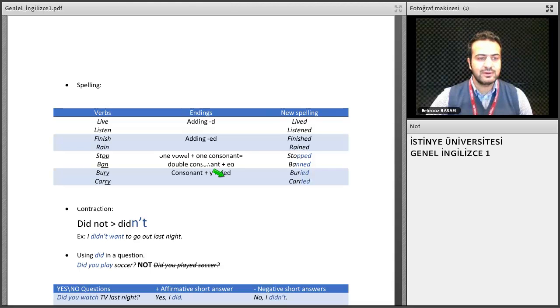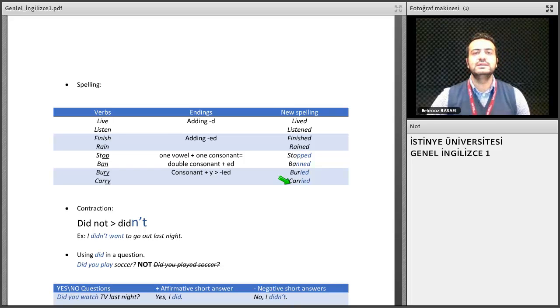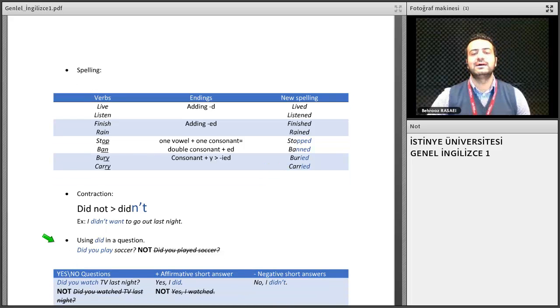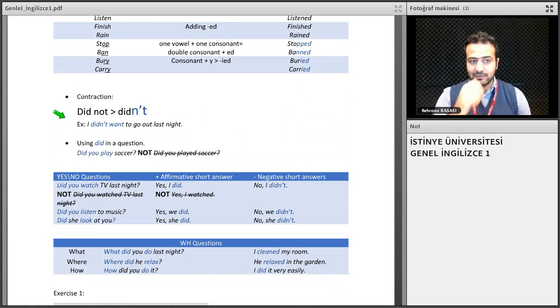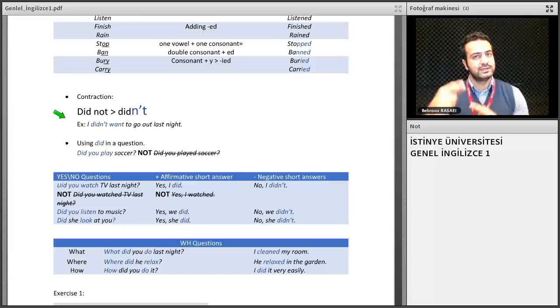And for bury and carry, when we have a consonant and Y, you need to make it IED, like buried and carried. Don't forget.